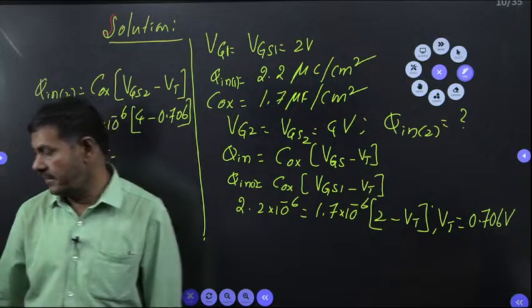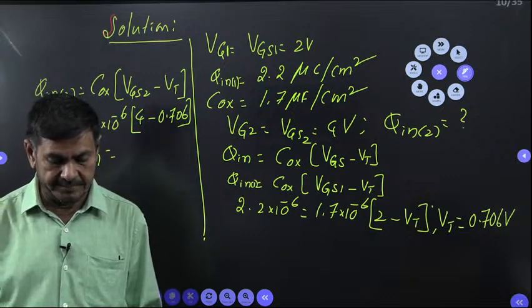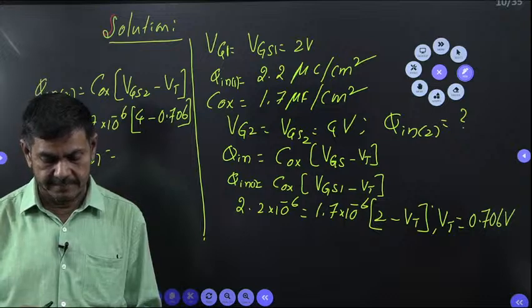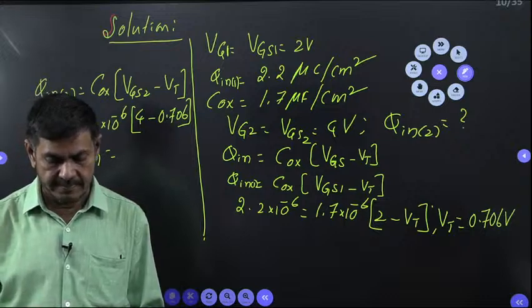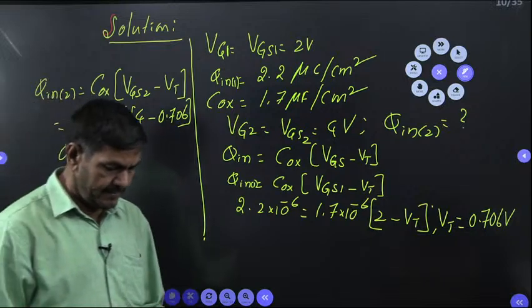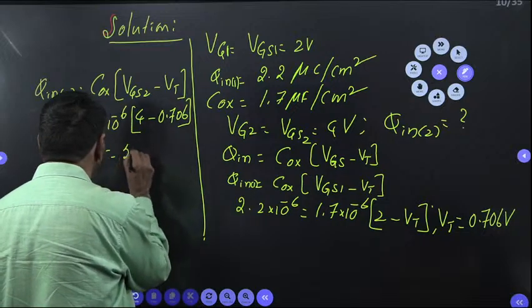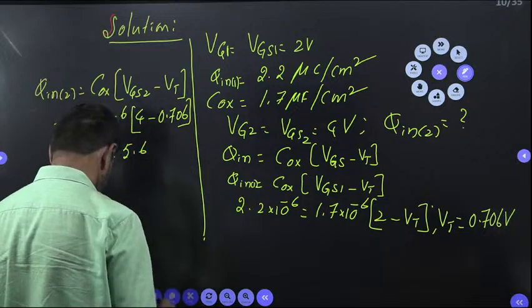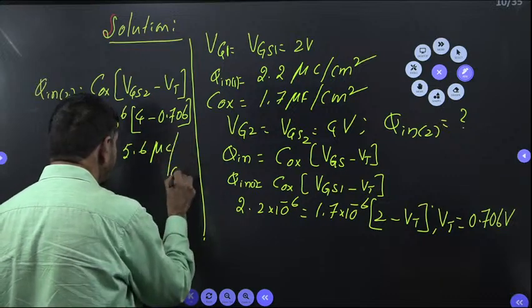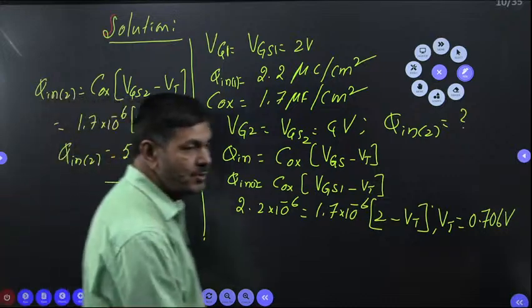That value will be 5.6 microcoulombs per cm square. Yes, that much value is possible. That is Q in 2.